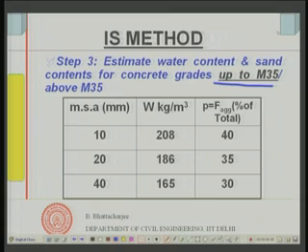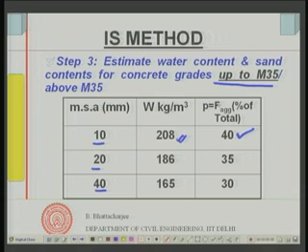This table is valid for M35 grade of concrete, and for different MSA, the water content required and the percentage of fine in the total aggregate are given. For example, for 10 mm MSA, 208 kg per meter cube of water is required, and 40% should be fine aggregate in total aggregate.